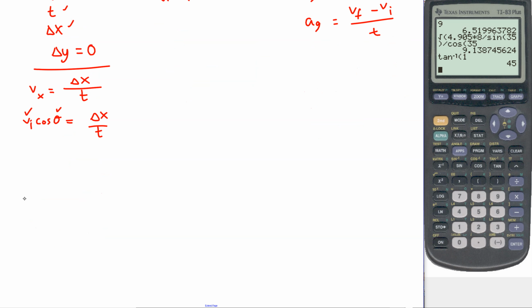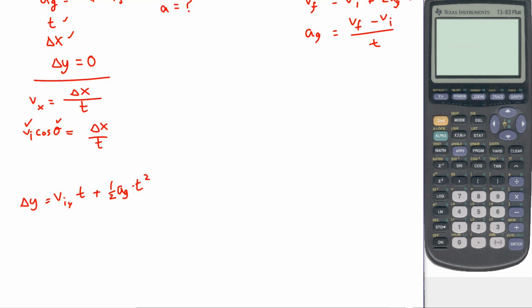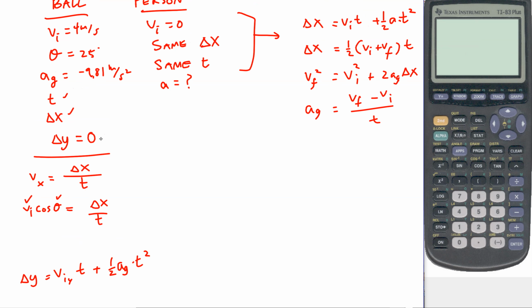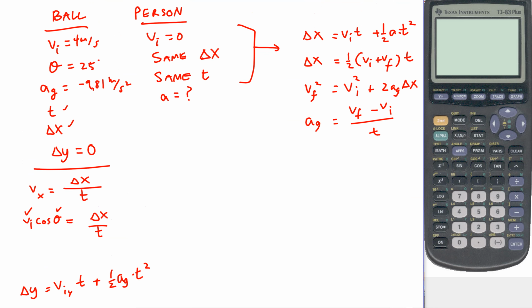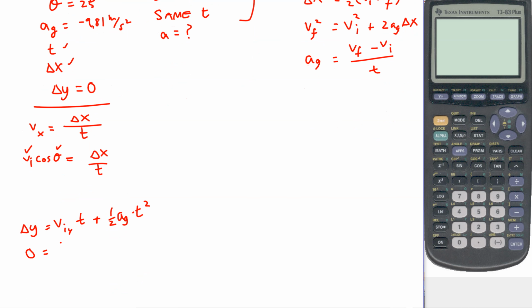On the y-axis, I always use this equation, delta y equals vi,y times t plus one half ag t squared. Let's write it down and see if it gets us anywhere. You can be more disciplined. You can look at, oh, I've got delta y, I've got vi,y, I've got ag, I'm looking for time. So delta y is 0. The initial velocity on the y-axis is 4 sine 25 multiplied by time.